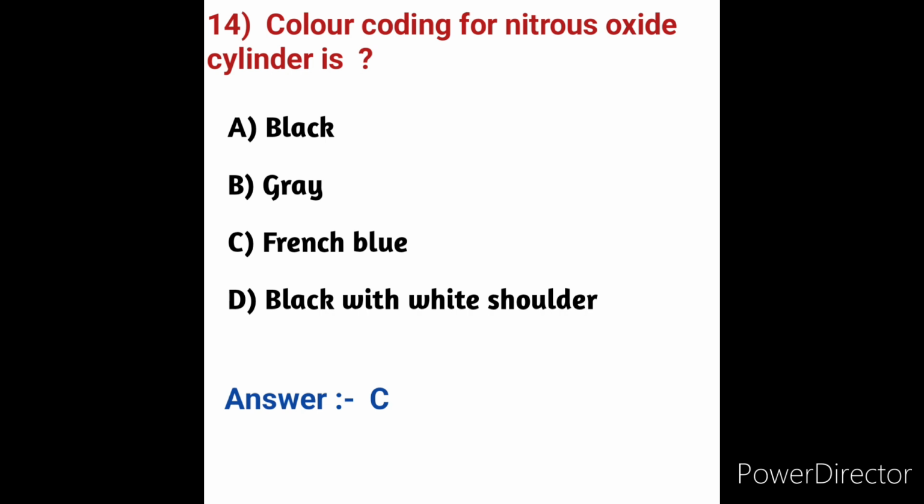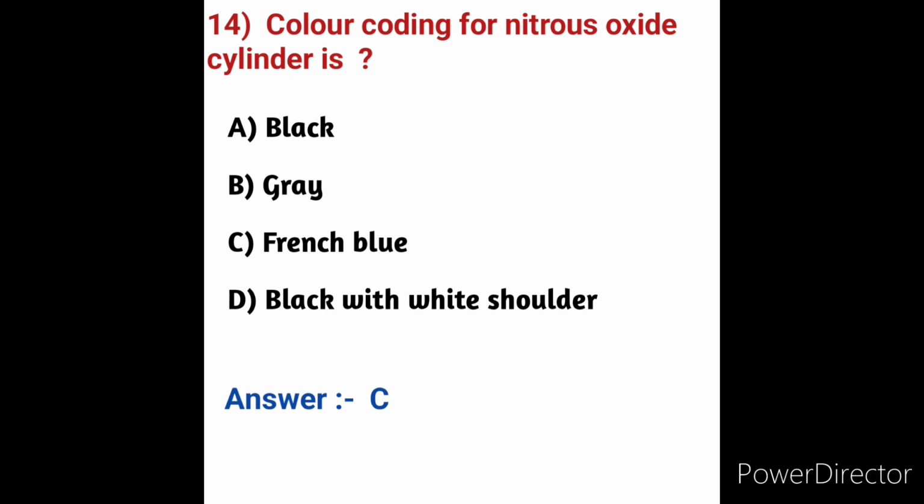The color codes vary for the body and shoulders of the cylinder. For example, a nitrogen cylinder comes with a grey body and black shoulders. Additionally, option A, black color cylinder, is nitrogen.